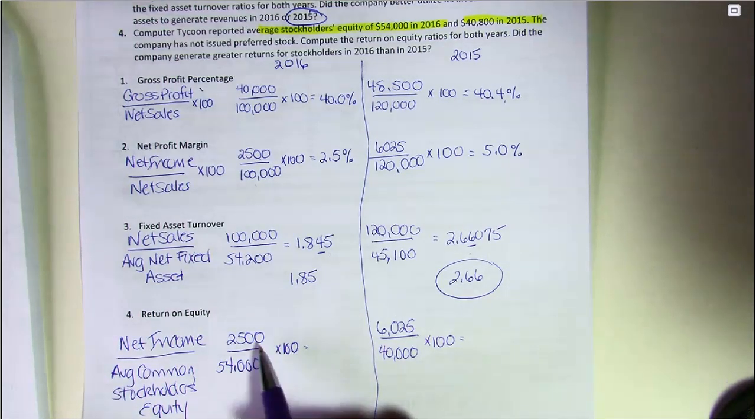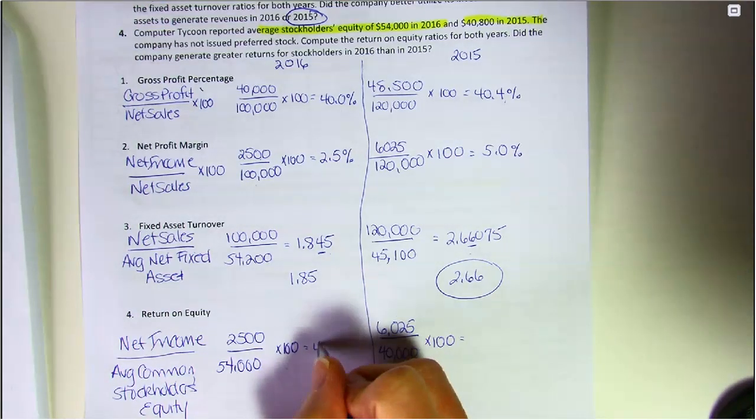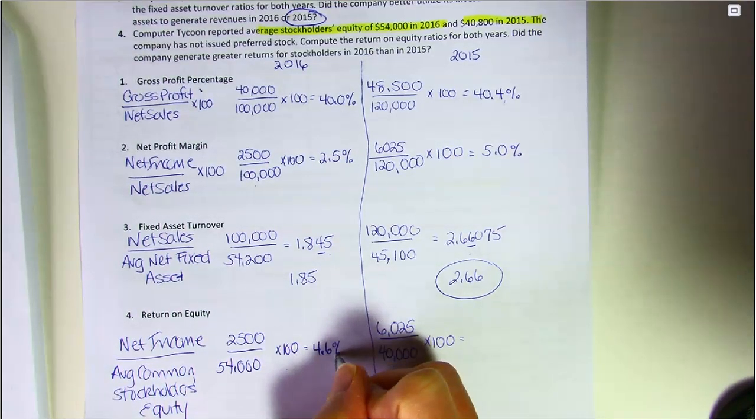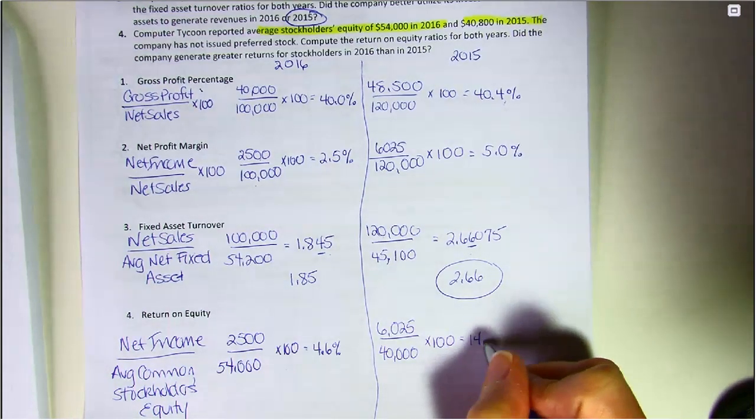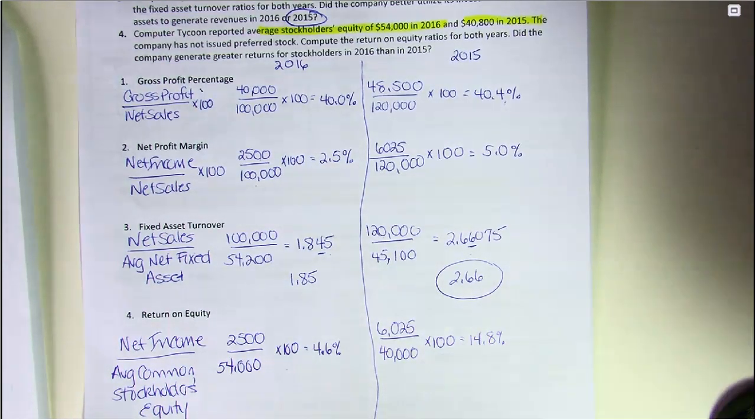So as we divide and then multiply this out, we get 4.6% for 2016 and 14.8% in 2015. So using the common stockholders' investment, Computer Tycoon was able to generate more net income on less of an investment in 2015 than they did in 2016.